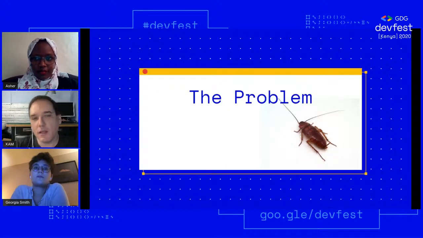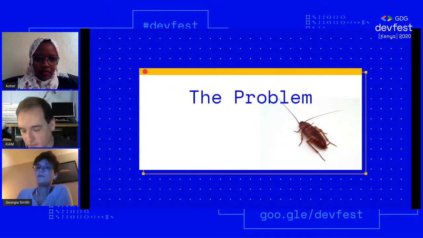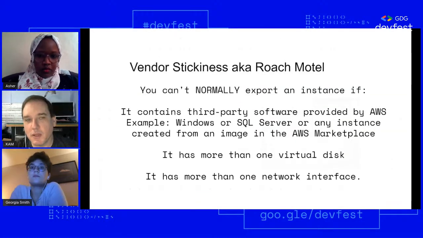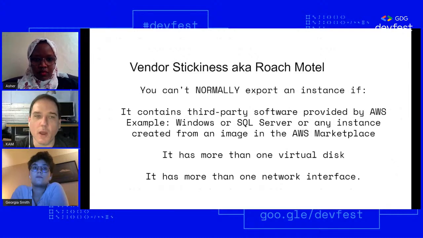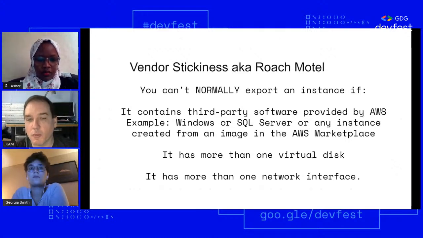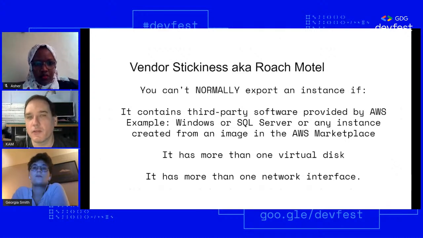So today, the problem that we're going to talk about is something that we call a roach motel. What that really means is vendor stickiness. On Amazon's web services, their cloud model, if you spin up a box there, you can't normally export the instance. There's a couple of reasons.